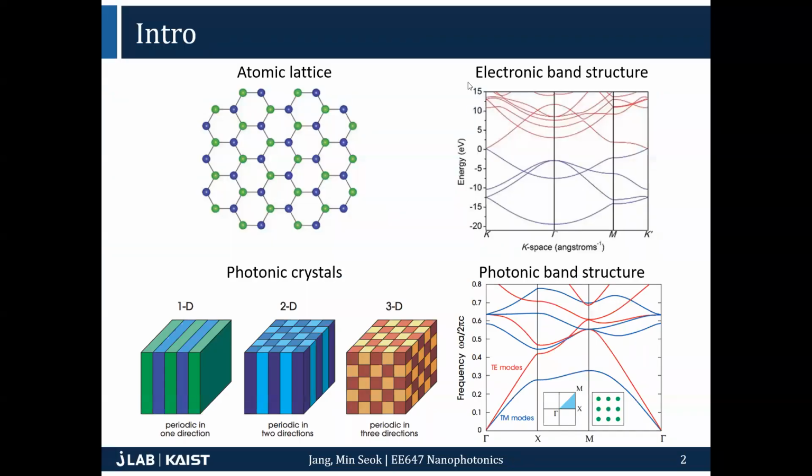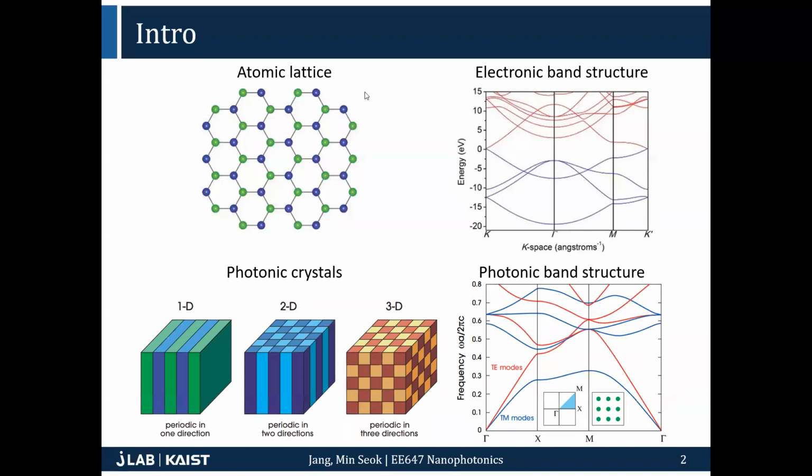So if you look at the atomic lattice, at how a solid material is composed, it's composed of periodically spaced atoms, right? This figure here is the atomic lattice structure of boron nitride. You can see two different atoms placed to form a honeycomb lattice.